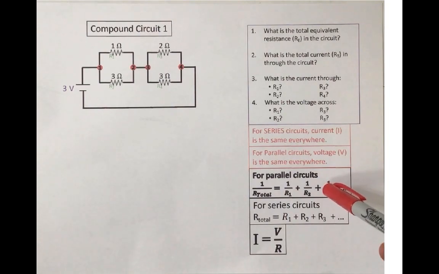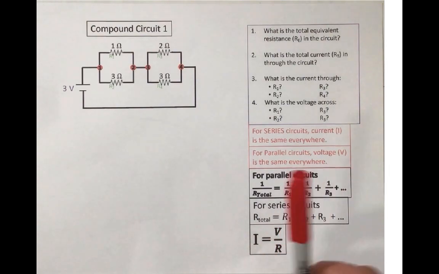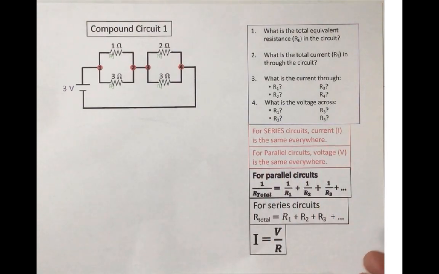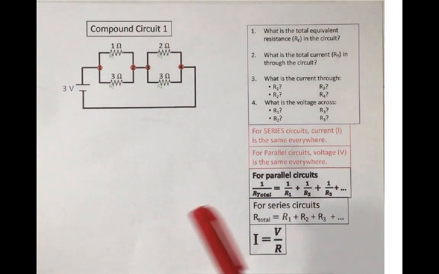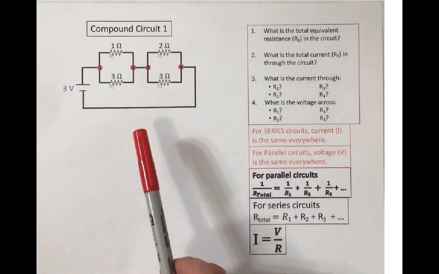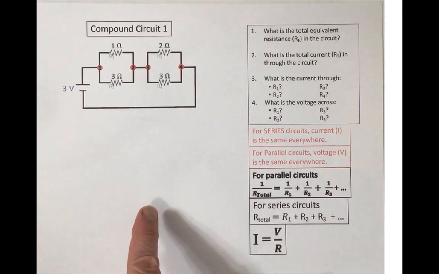And then we have two separate equations, one to find the total resistance for parallel circuits, the reciprocal equation, and one for series circuits, where you just add them up. But we don't have a single equation for a compound circuit. That means that when we redraw this, break it up into a line, we have to solve anything that's just parallel or just series separately until we get down to one equivalent resistor.